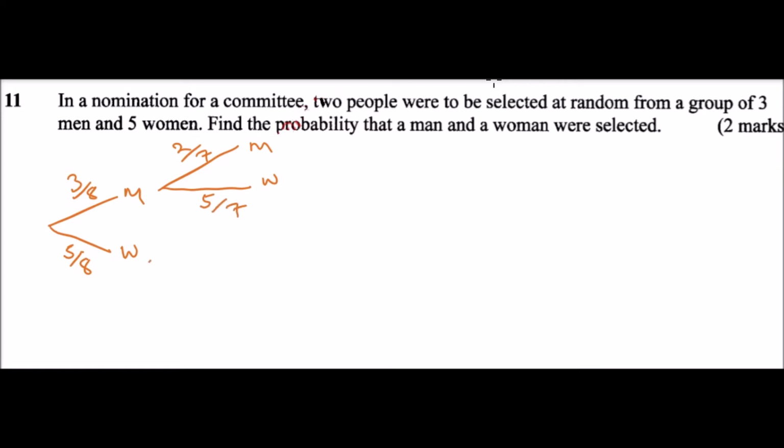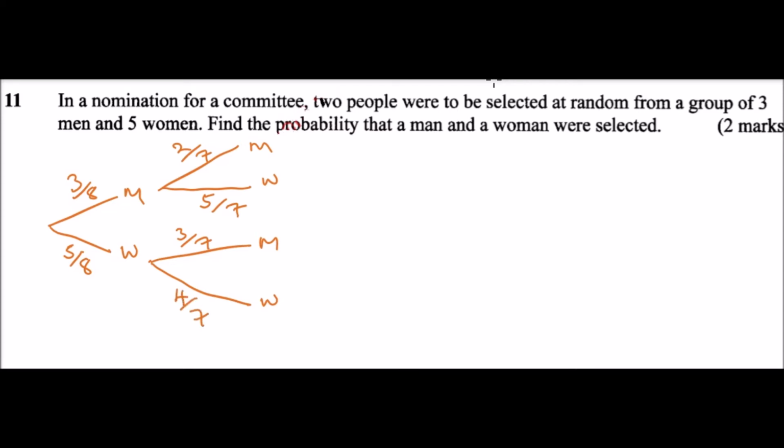You come to the other branch. Then you can select a man or a woman. The probability of selecting a man, since you have selected a woman, the men are still 3/7, and 1 woman was selected, so the women will remain 4/7.